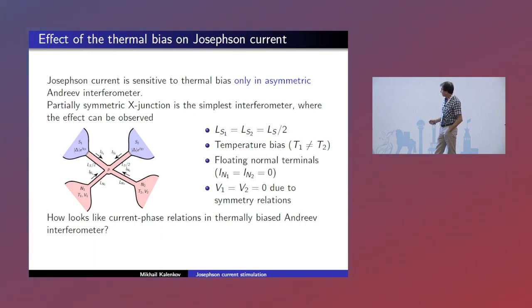I maintain normal terminals at different temperatures, and I would like to calculate the Josephson current flowing between the superconducting terminals. In this geometry, actually, voltages are not induced. This is because of the symmetry of the system, and this simplifies the consideration a lot.